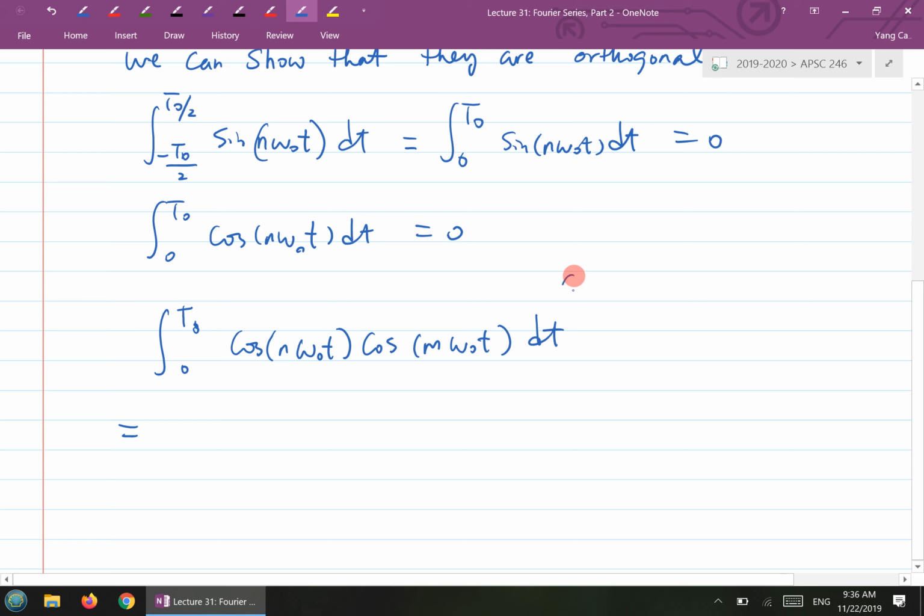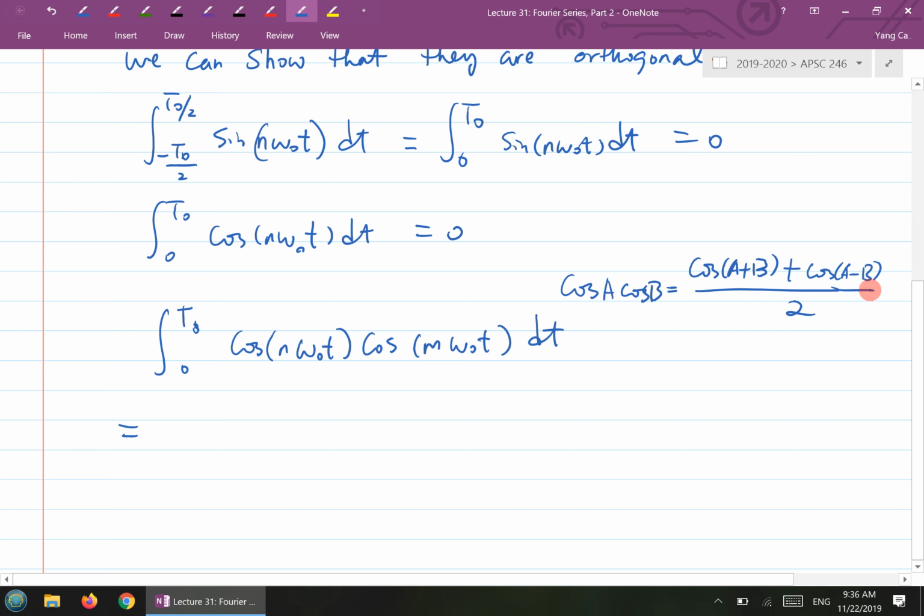Cosine A cosine B equals cosine A plus B plus cosine A minus B, divided by 2. Okay.